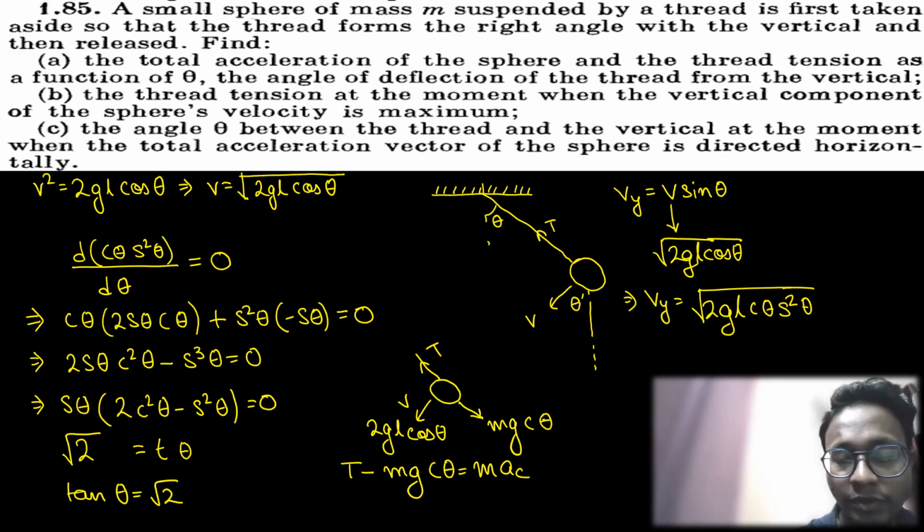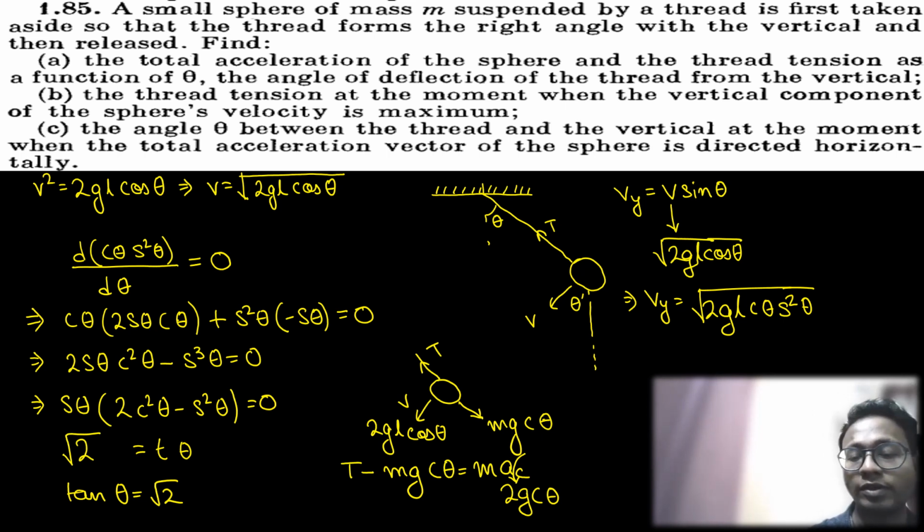So for the centripetal acceleration, we find out how much it was. It was nothing but 2g cos theta. See, in the previous diagram, the value of centripetal acceleration was 2g cos theta, v square by r.